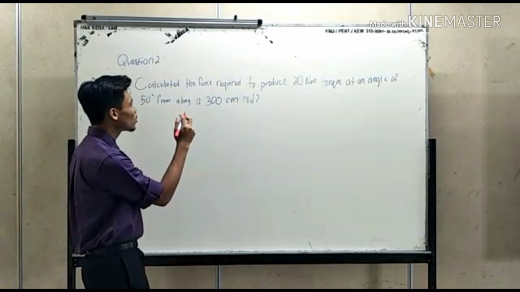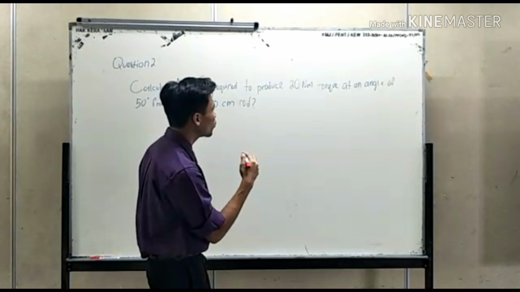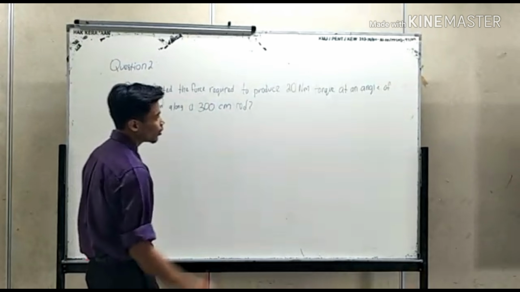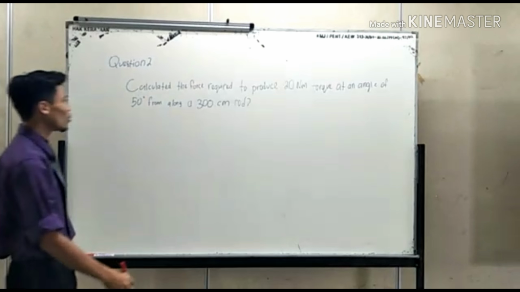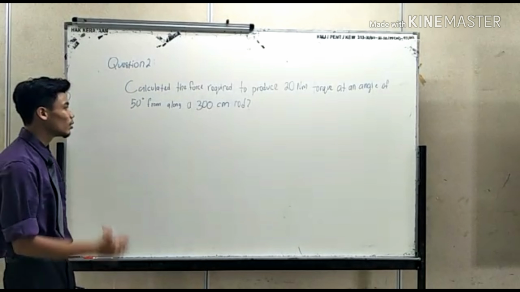Calculate the force required to produce 20 Newton meters of torque at an angle of 50 degree from a lever of 300 centimeters.